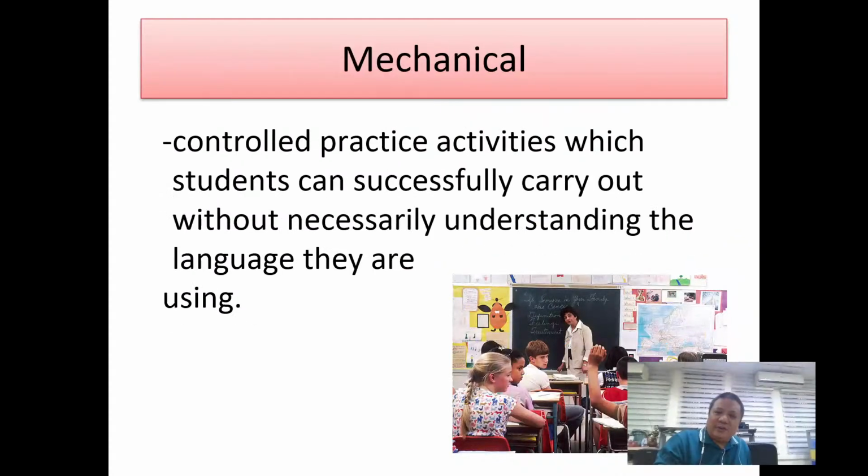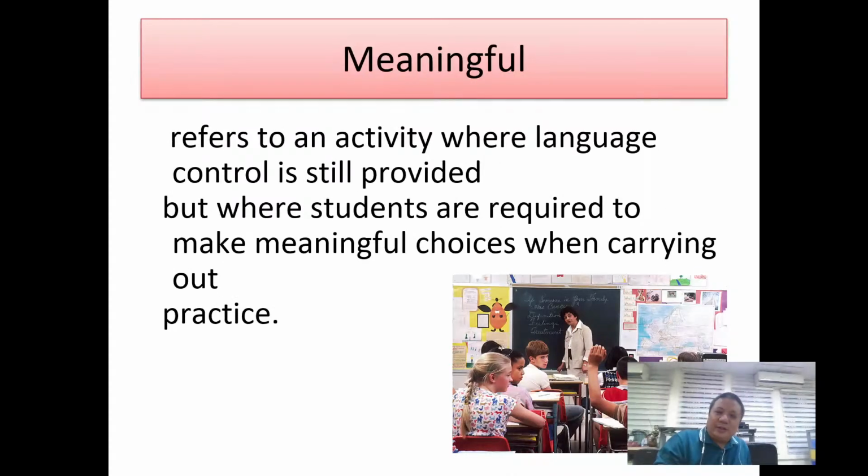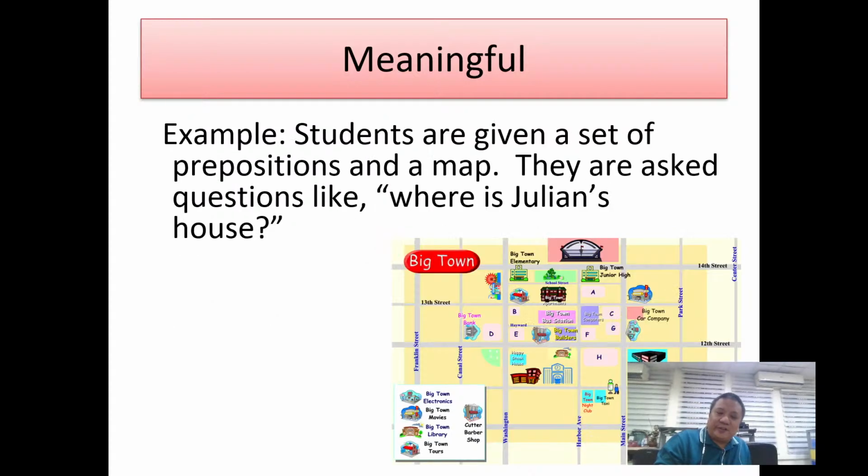Okay, so we have mechanical, which are practice activities that are controlled, like repeat after me, like pronunciation drills. Then you have meaningful activities, where it's still a little bit controlled, but students have the freedom to make choices, like how to ask questions like where is Julian's house.